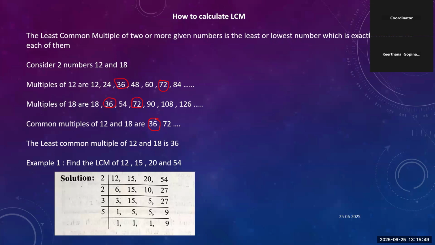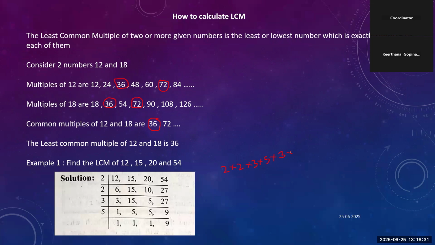So again use 3. 3 and 3 will give you 9. You have to use 3 again. So what is the LCM now? 2 into 2 into 3, 3 into 5, 5 into 3 into 3.